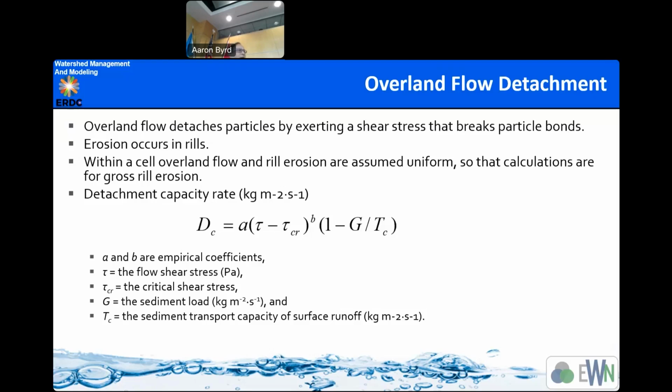Detachment happens when the calculated shear stress is bigger than the critical shear stress. Now, critical shear stress is a value that the user has to define, but it has specific, well-defined values for each soil type. And TC is the transport capacity in this equation.